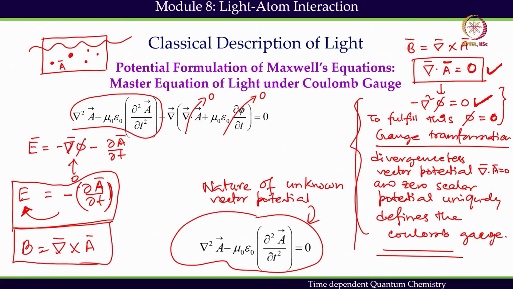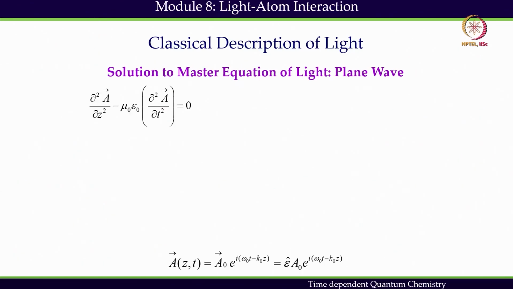And what does vector potential mean? The meaning is hidden within this expression. And this is the way light will be described. So that's the bottom line of the entire story which I have represented. Now I will go for the solution, because finally I have to find out how the light looks like.